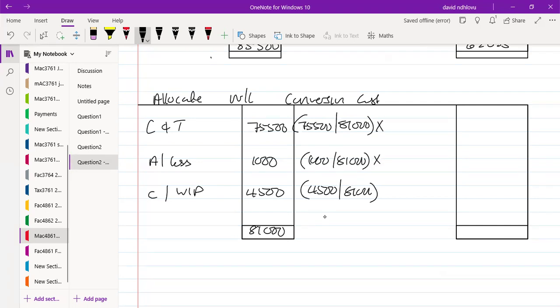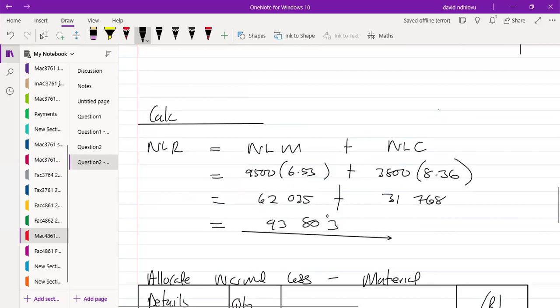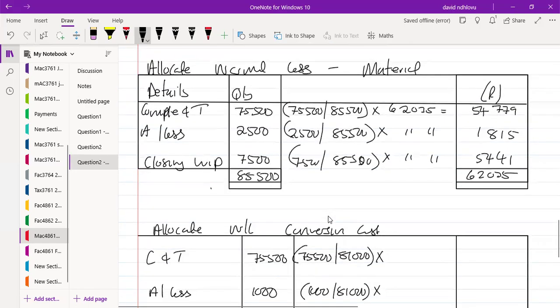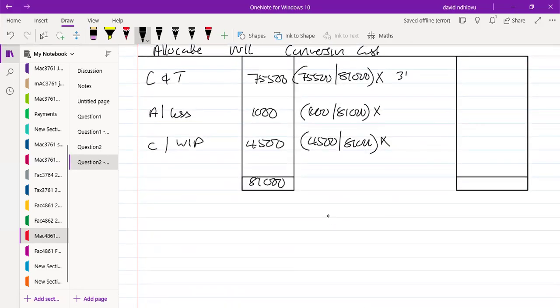Right, so all of this is then multiplied by the cost, which is 31,768 there. 75,500 divided by 81,000 multiplied by 31,768, you are going to have 29,611.